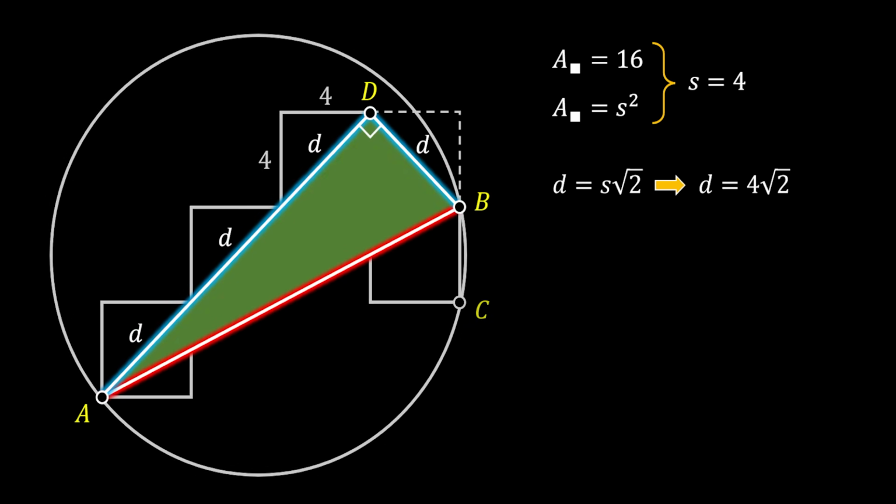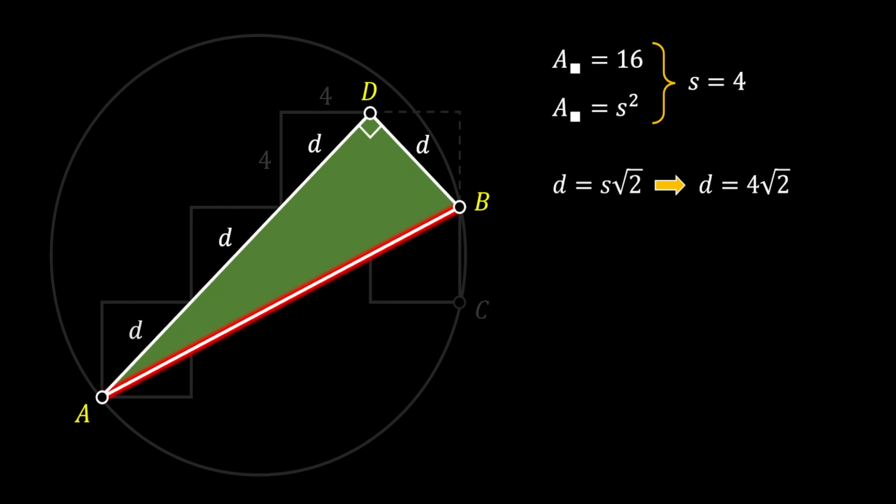So now we're first going to substitute this value for the line AD. Since this line is equal to 3 diagonals, this is 3 times 4 square root of 2, which means that this length is 12 square root of 2, and we're going to substitute the value for the line DB as 4 square root of 2.